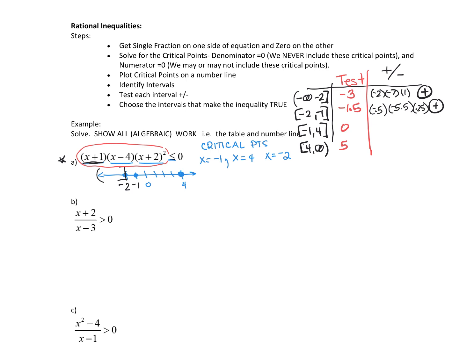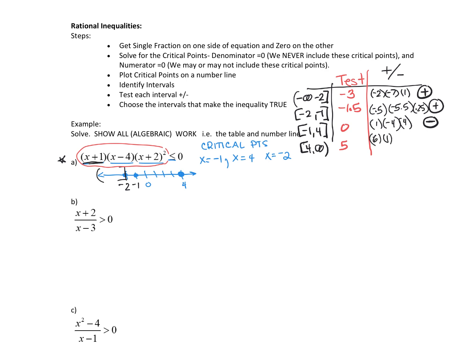For the third one, I plug in 0. I'm going to get 1 times negative 4 times 2 squared, which is 4. And we'll get a negative result. And then for the last one, oops, hold on. 5 minus 4 is 1.